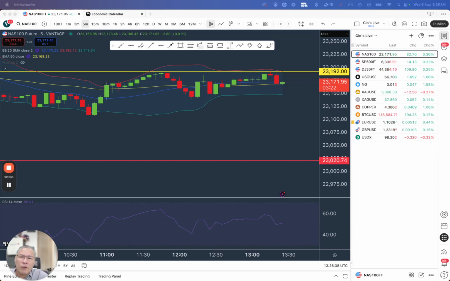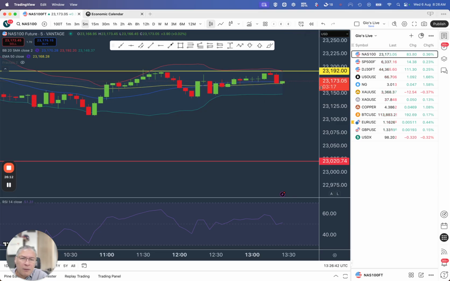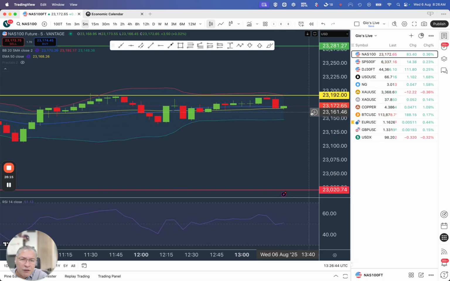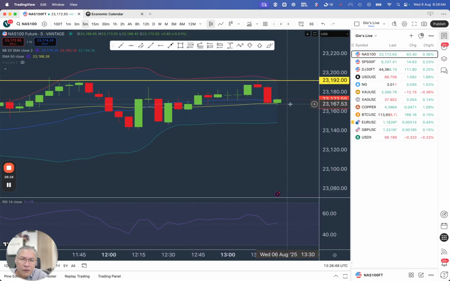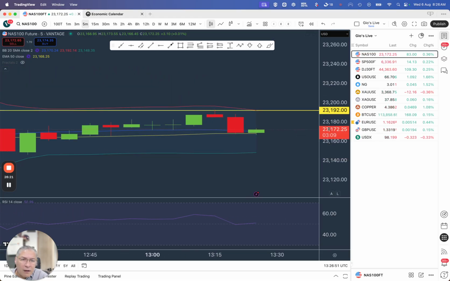All right, so we have here the market looking to rebound off that 50-day moving average on this particular chart, right? That's what we're seeing here. Our pivot point.